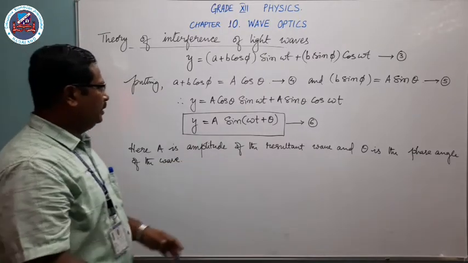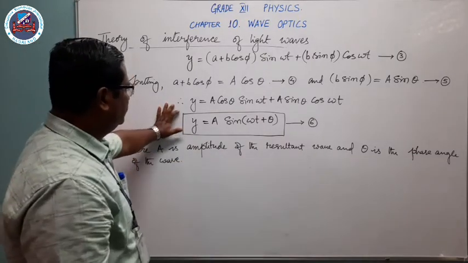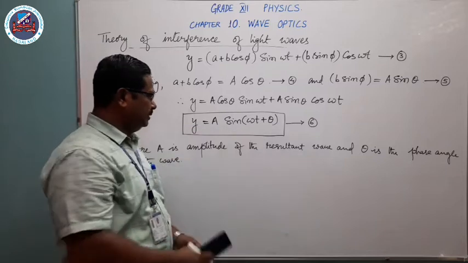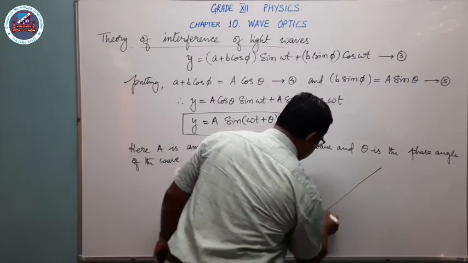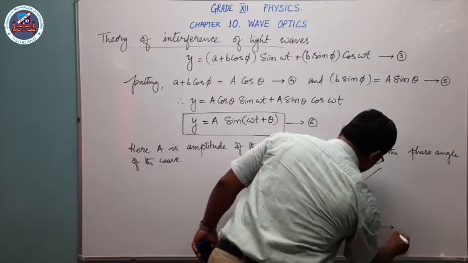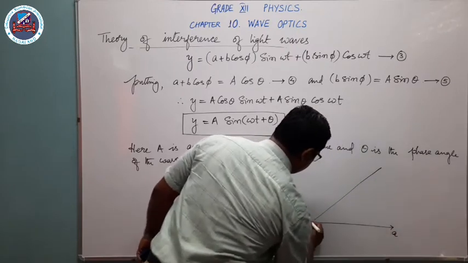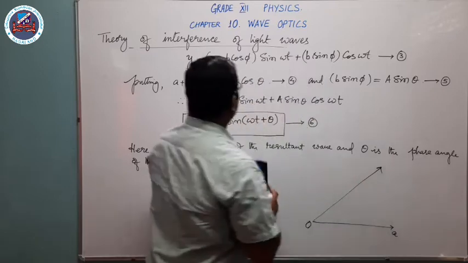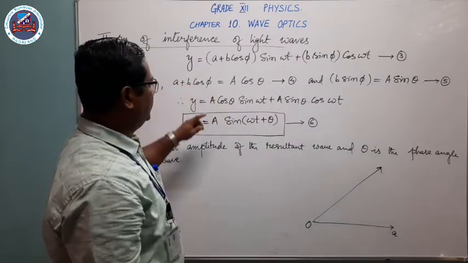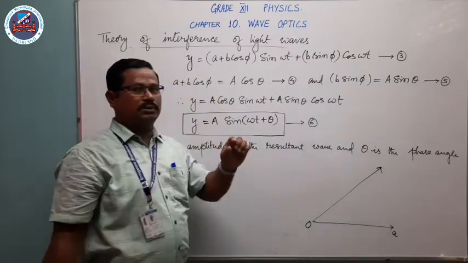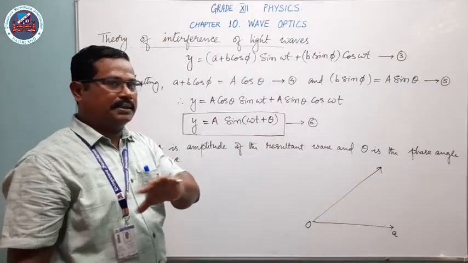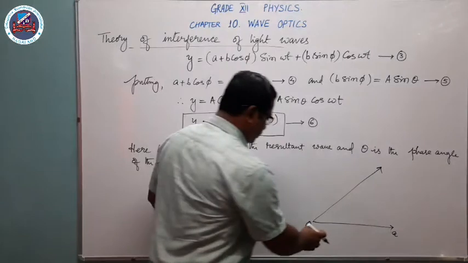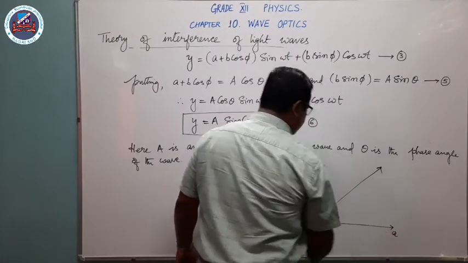Now, if this is the resultant wave and theta is the phase angle, then diagrammatically it will appear like this. For amplitude a, there was no phase angle. y1 is equal to small a sin omega t, plus nothing was there, 0. So with amplitude a it looks like this.